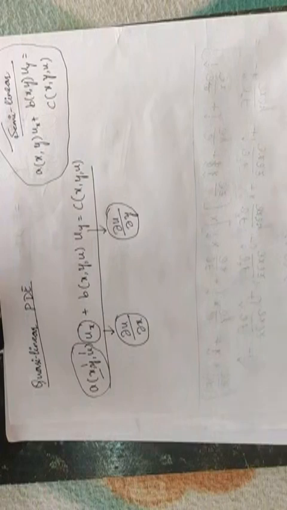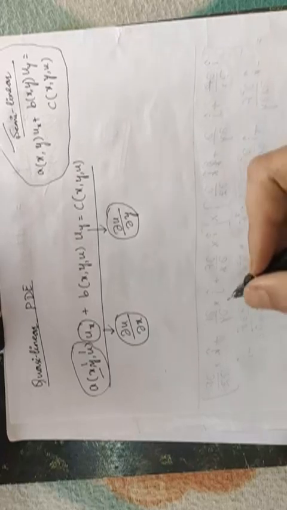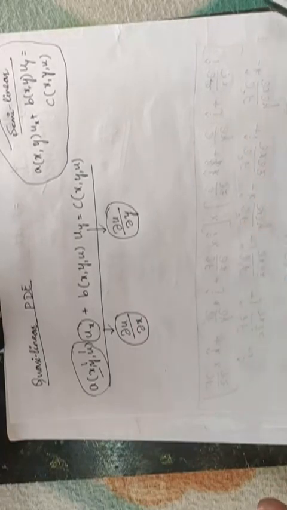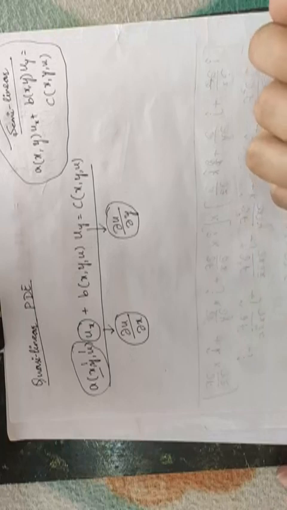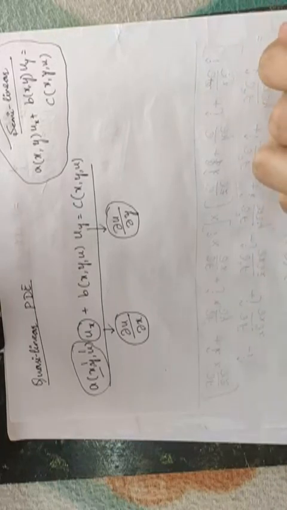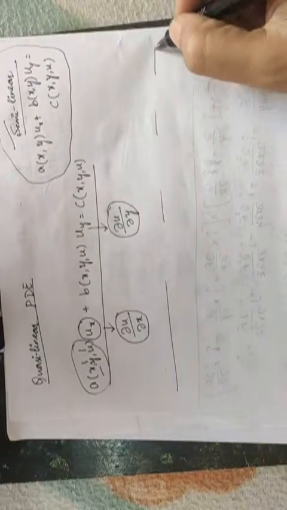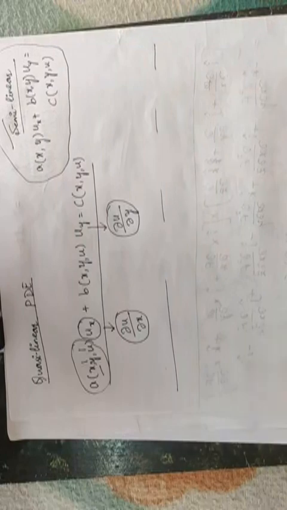Apart from that, the procedure will be very similar to that of semi-linear partial differential equation. This part of the work is left out for you. You have to derive that method of characteristics for solving quasi-linear partial differential equation for your Cauchy's problem. I will directly move on to problems and solve problems on quasi-linear partial differential equation.